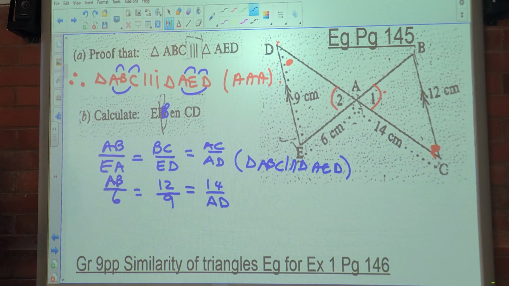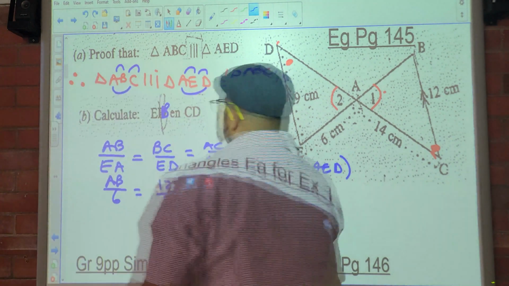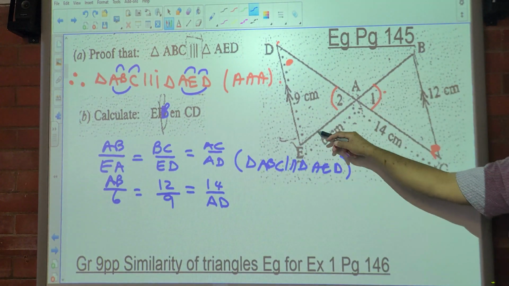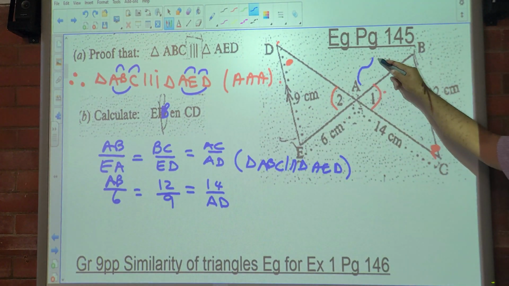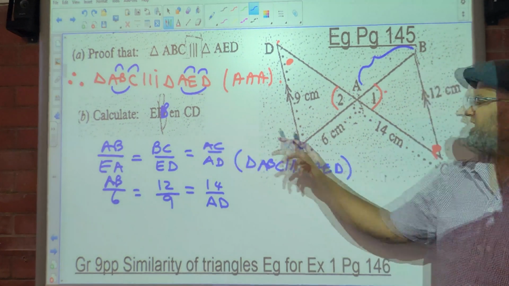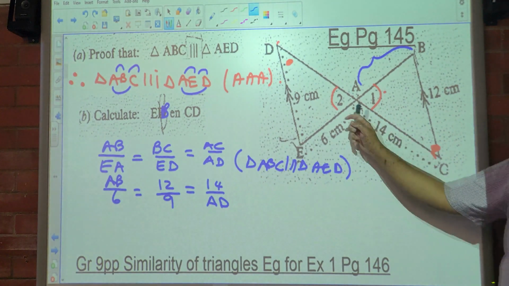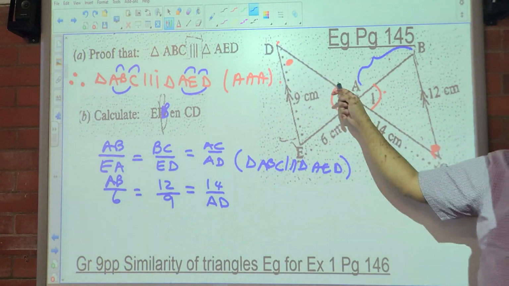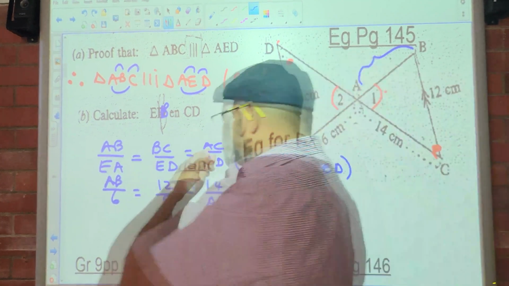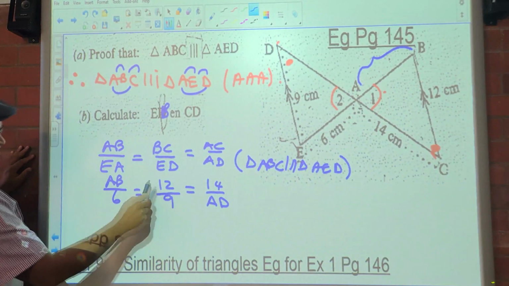Now remember, they want you to calculate EB. But what do I need for EB? I need to work out AB first. What do I need for CD? I need to know what AD is. So this is now a known ratio to us here.